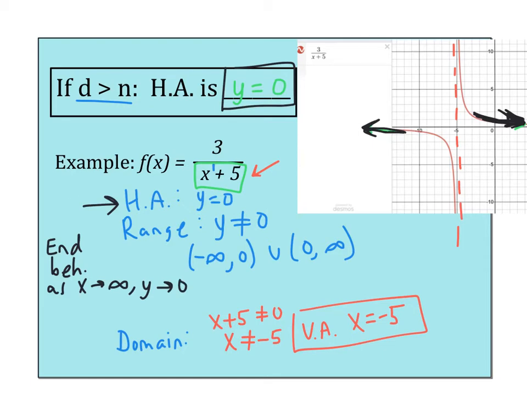On the left side of the graph, right here, as x goes to negative infinity, the y values are also approaching the horizontal asymptote of 0. So this tells you a whole bunch of things. It tells you the horizontal asymptote, obviously, but it also relates very closely to the range and to the end behavior.